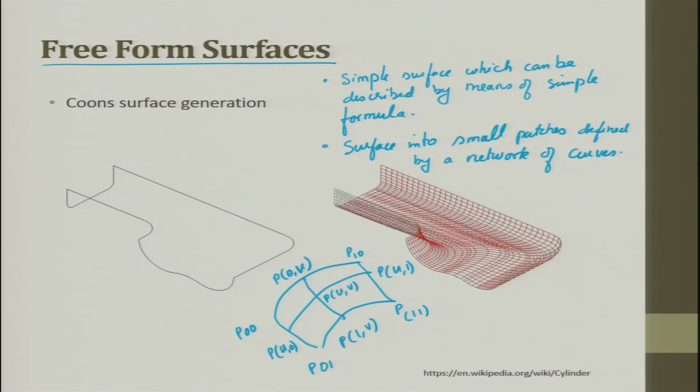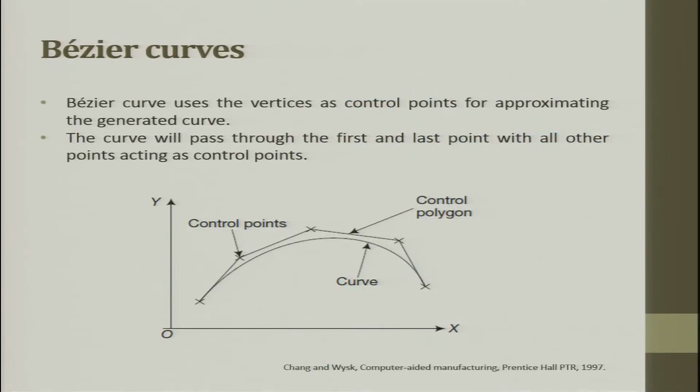So, generally in cone surface, each patch, the entire patch is parameterized, parameterized by interpolation. By interpolation, we try to get those boundaries and then we try to solve.